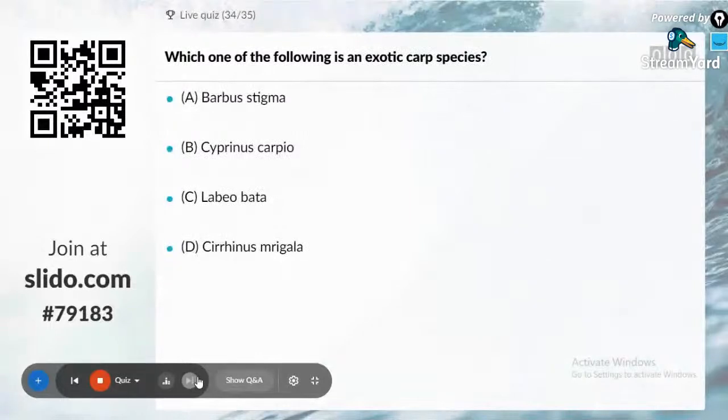Which one of the following is an exotic carp species? Barbus sigma, Cyprinus carpio, Labeo bata, Cirrhinus mrigala. Exotic carp species.